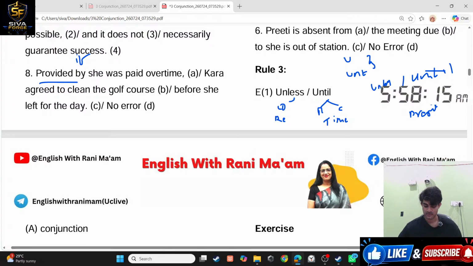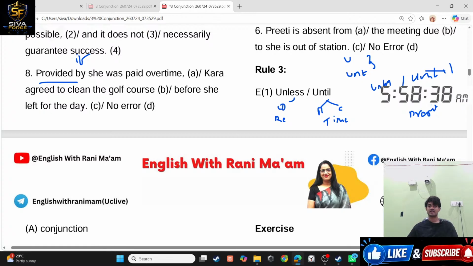Okay, first we talked about unless and until. Unless is a condition, until is a time. With unless and until we should not use not, because unless and until carry a negative sense. Until can act as a preposition and conjunction.